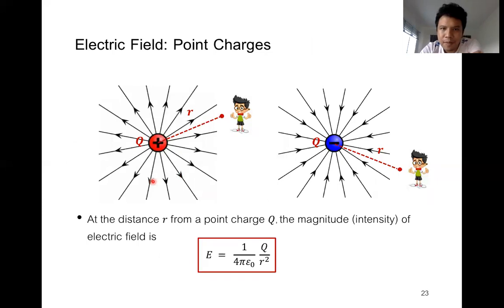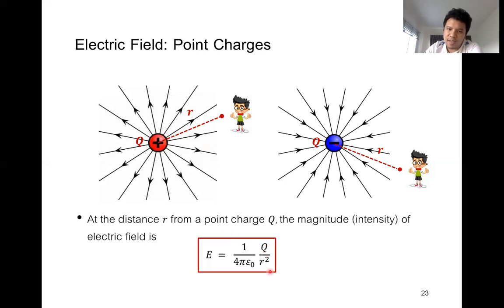Okay. Then for some equations for your further calculations, we have the electric field from the point charge Q. We consider just Q here, which is a positive Q here and a negative Q here. The electric field can be calculated from the Coulomb constant, 1/4 pi epsilon 0, times Q over R squared.